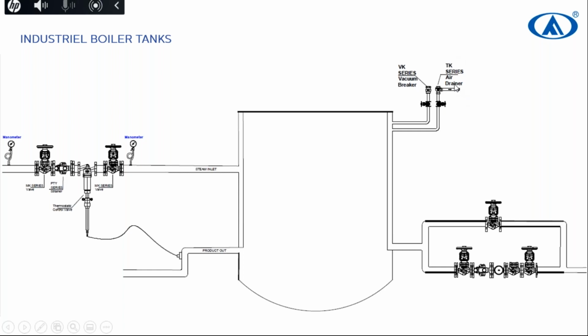If you don't use an air drainer, it means there will be air inside your line. If you don't use a thermostatic control valve, you cannot control it. It means every system has its own balance. So you need to protect this balance to protect your efficiency.